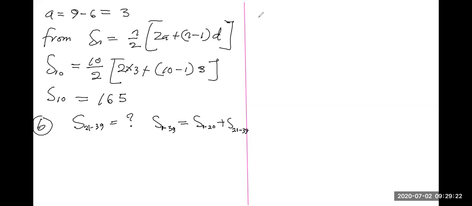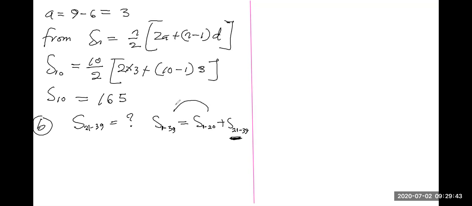So adding the first to the 20th term plus adding from the 21st to the 39th term will give you the sum 1 to 39. Now this is what we are looking for. This is how I use common sense to navigate this problem. If this one goes to the other side, it becomes minus.